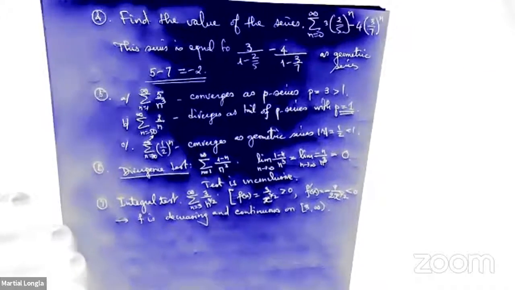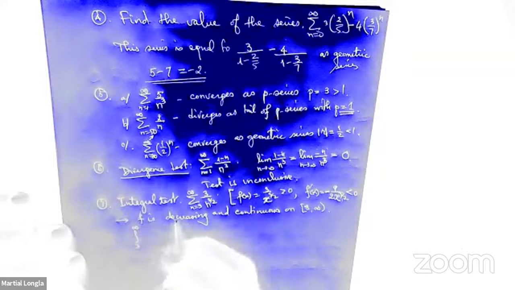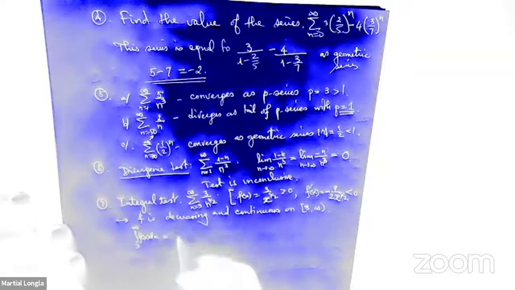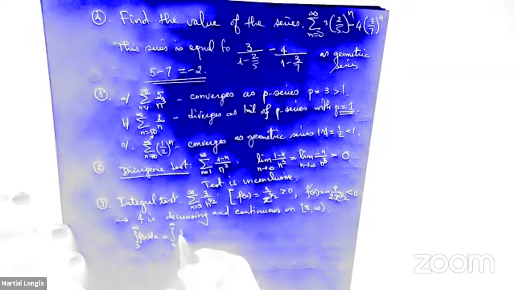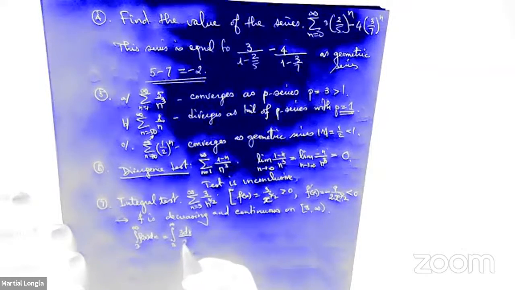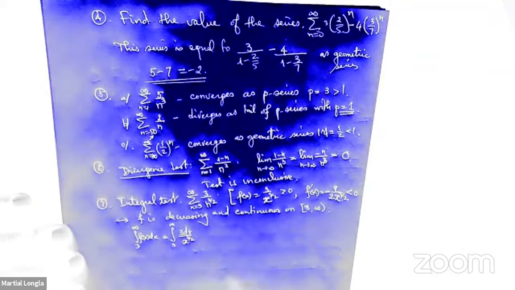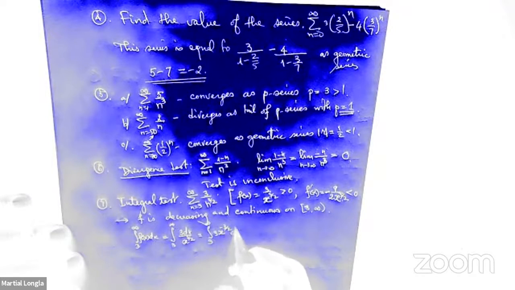So you can compute your integral. Integral from 3 to infinity of f of x dx. It's the integral from 3 to infinity of 3 dx over x to the 3/2, which is the integral from 3 to infinity of 3x to minus 3 halves dx.